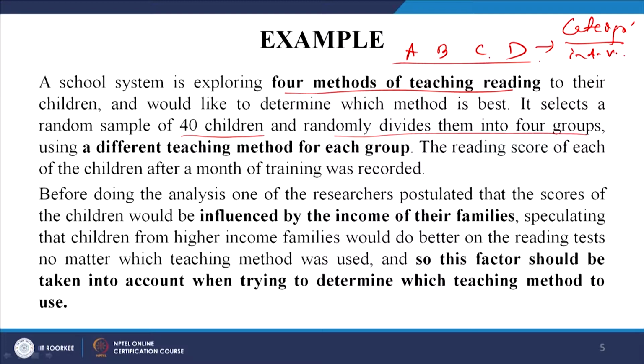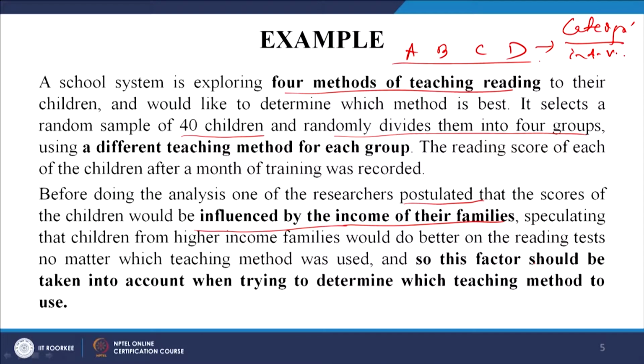Before doing the analysis, one of the researchers thought that the scores of the children would be influenced by the income of their family. Why? How will the income of their families affect it? Let us see. Speculating that children from higher income families would do better on the reading tests, no matter which teaching method was used. Why?